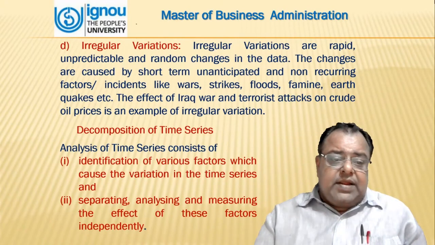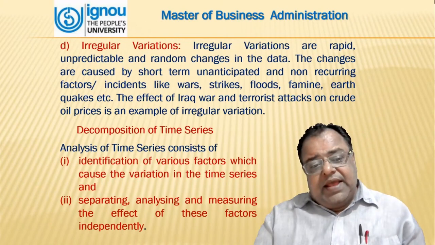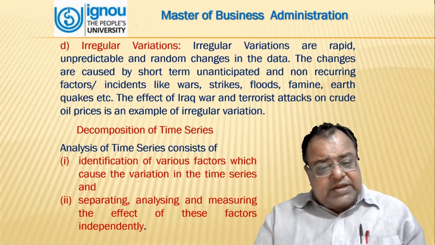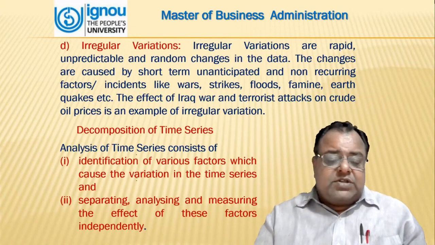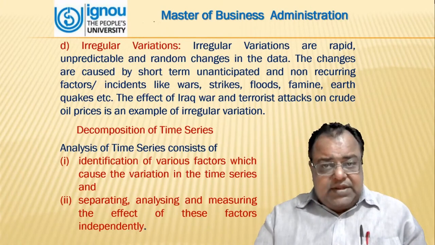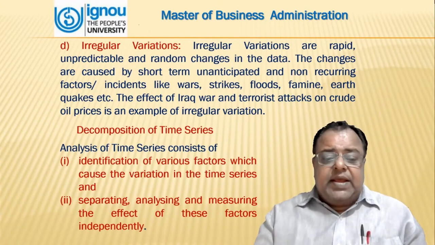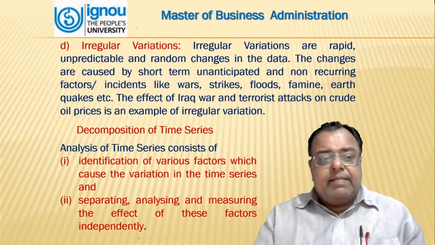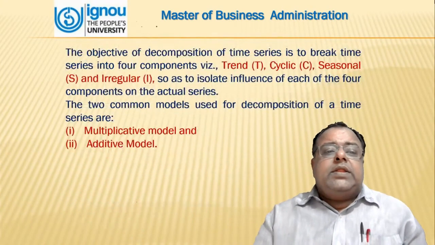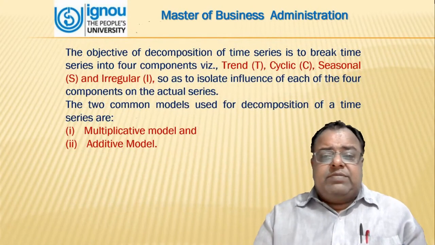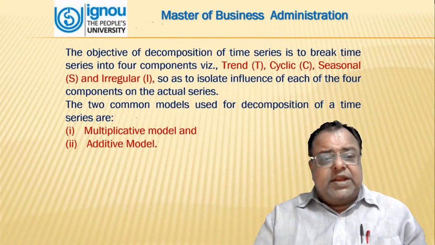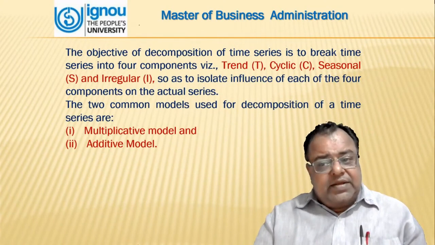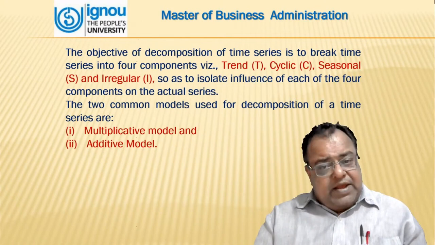Then comes decomposition of time series. Analysis of time series consists of identification of various factors which cause the variation in the time series, and separating, analyzing, and measuring the effect of these factors independently. The objective of decomposition of time series is to break the time series into four components, that is trend, cyclic, seasonal, irregular.